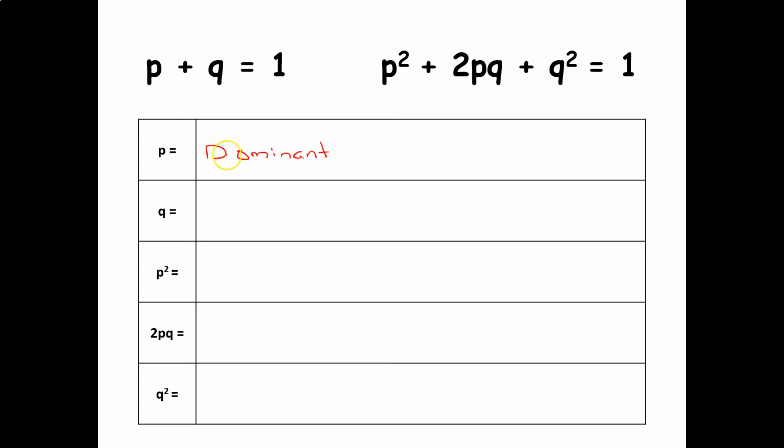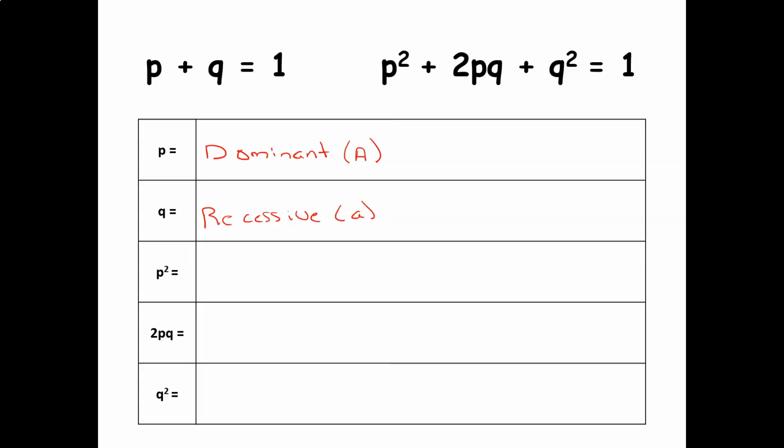We would typically designate this with a capital letter, so let's just use A's for our purpose here. The frequency of that dominant allele is your p. Your q is the frequency of the recessive allele, or your lowercase letters.